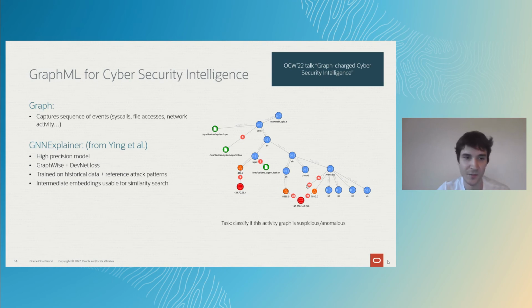And we use the results of the GraphML model to continue the investigation when there is something to investigate. We can use for that the embeddings generated by the model to look for similar previous use cases or compare to reference attacks.